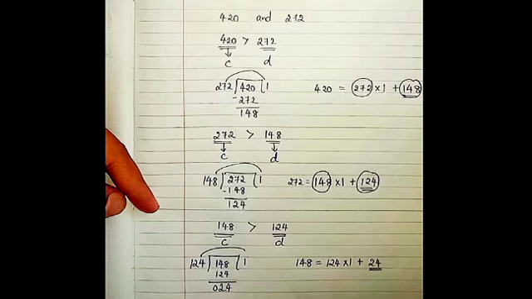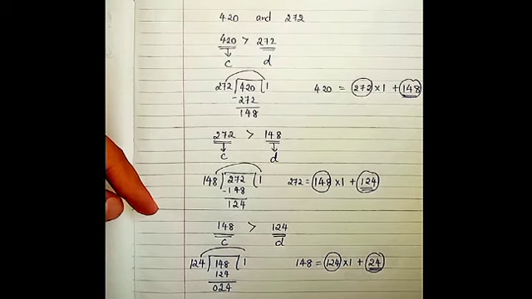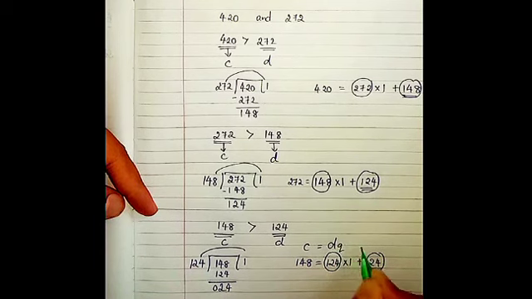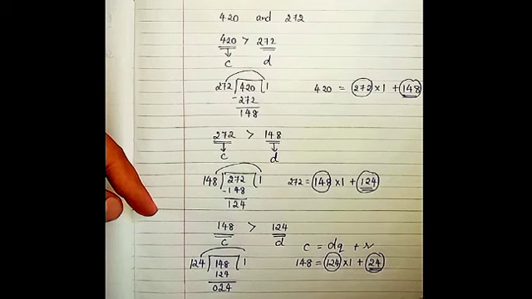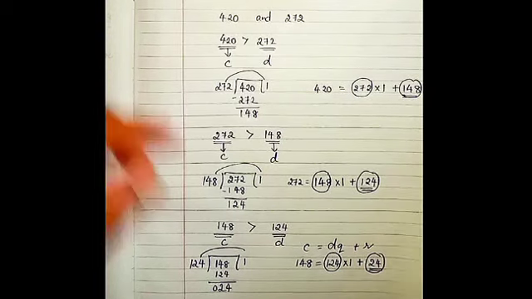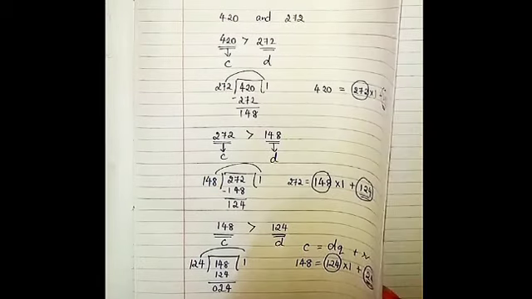Since remainder is again not equal to 0, we have to consider this D value and R value. We are writing generally in the form C equal to DQ plus R. So that is why I am saying again and again we will consider these two numbers till we reach a value where remainder is equivalent to 0. So again we have to consider these two numbers 124 and 24, right?